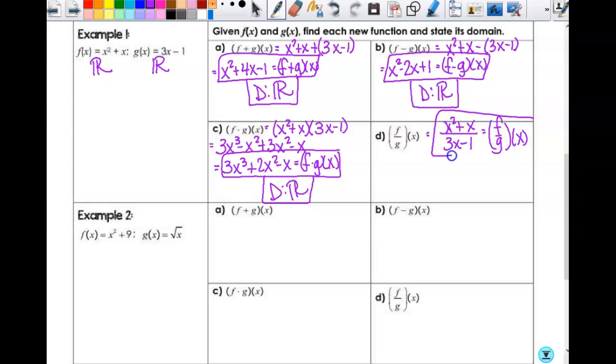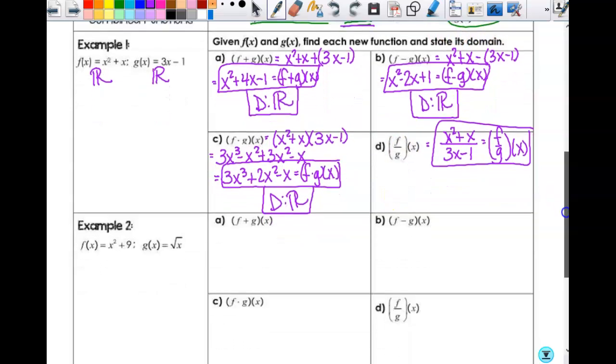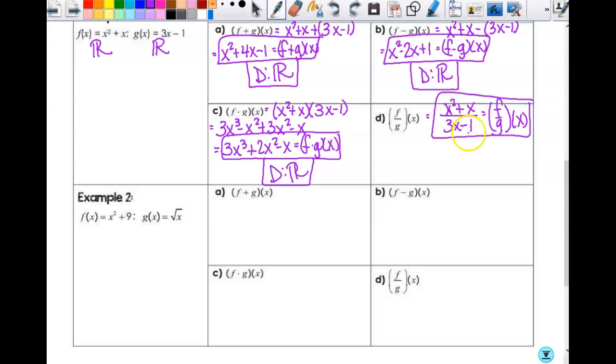Now, when I look at the domain, it says that the domain of the quotient function is further restricted to exclude values in which g of x equals 0, or the denominator here. Now, I'm not just looking at this and trying to figure out what the domain is. You look at the original function. That is very important. Sometimes you get the same thing, sometimes you do not. You have to go with the original function.